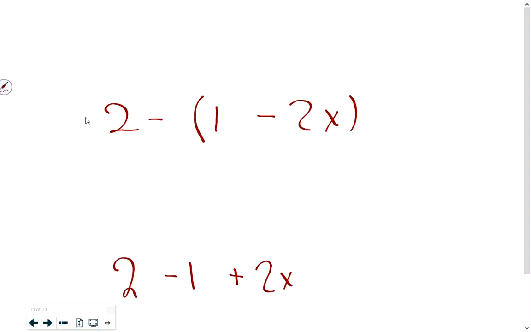Yes. So, and that's what I was going to say. When I do this, I just say I'm subtracting everything inside. So I say I've got 2, and I'm subtracting 1, and I'm subtracting negative 2x, which is what you just said, right? Which becomes that.